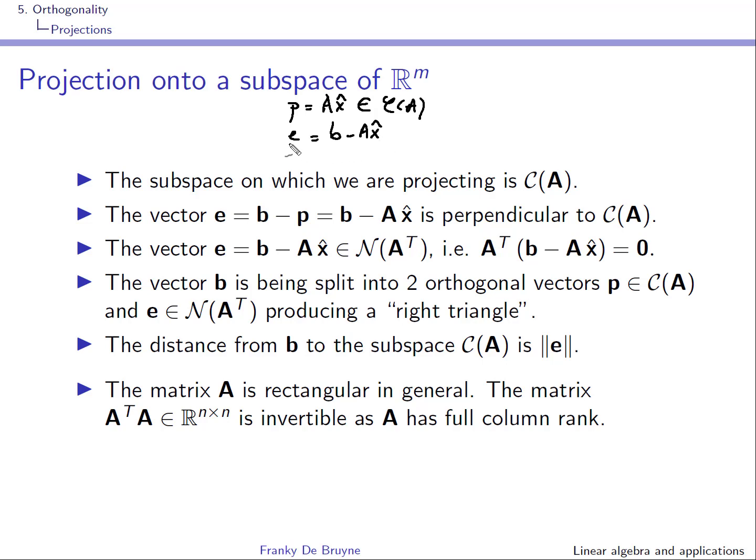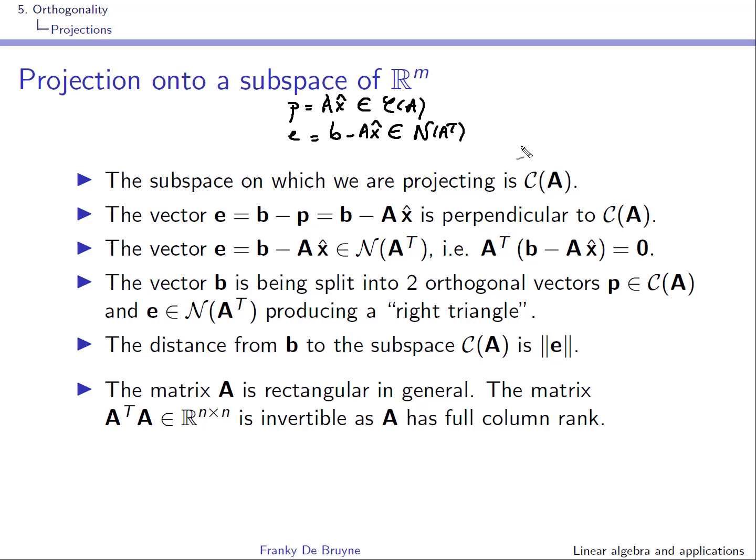Well, it is perpendicular to P, right? So, since P is in the column space, E must be a vector of the left null space. Remember that the column space is a subspace of Rm, that is the orthogonal complement of the left null space.